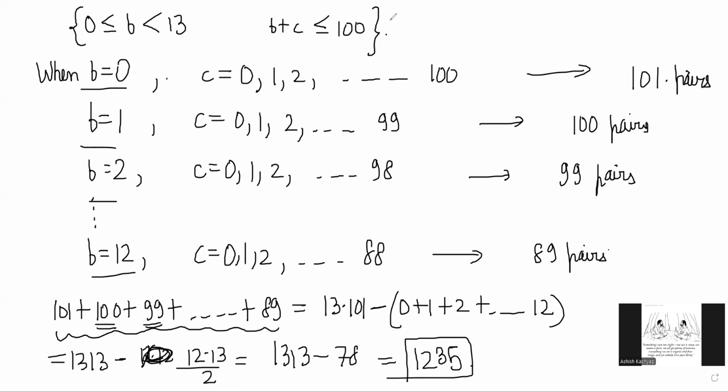Now we also have to check whether all of these pairs give us different values of 13C plus 7B. It should not be that any of the pairs inside this have the same value of 13C plus 7B, right?